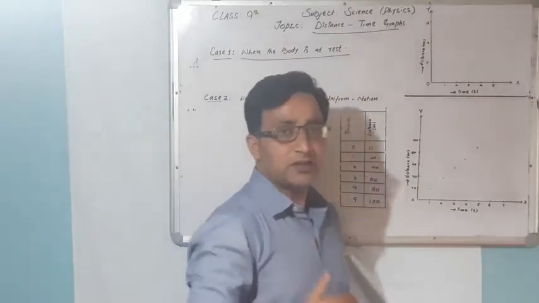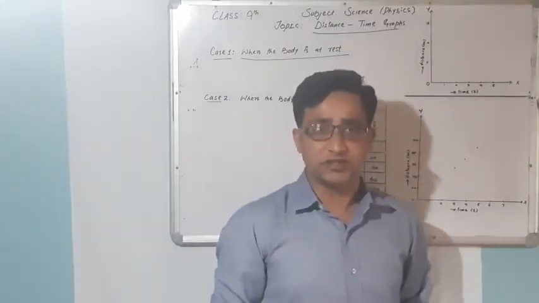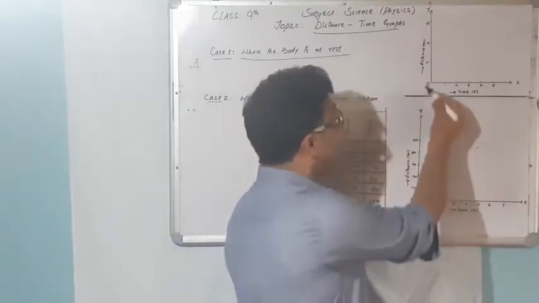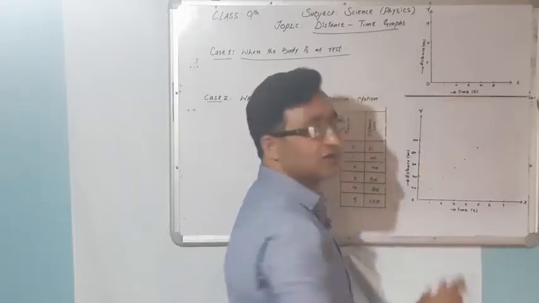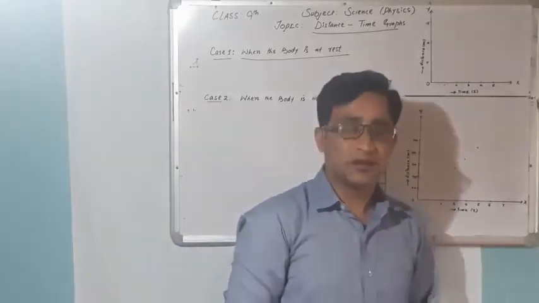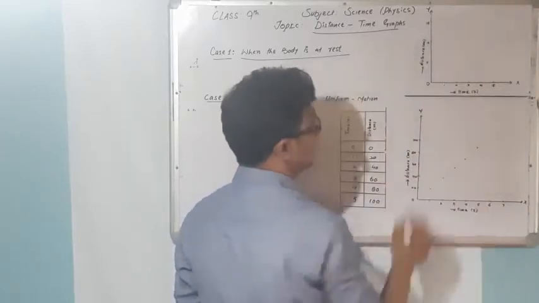Suppose a body is 10 meters away from its origin. You know, this is the point where the time axis and the distance axis intersect each other. Suppose a body is here, 10 meters away from the origin.